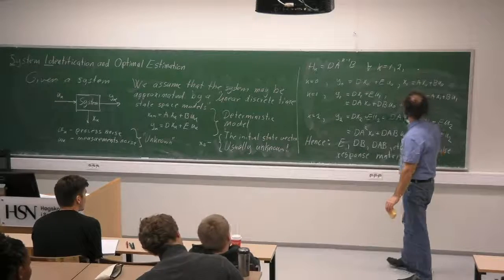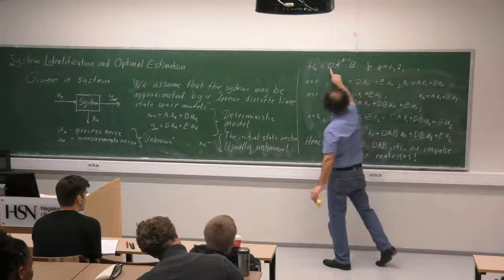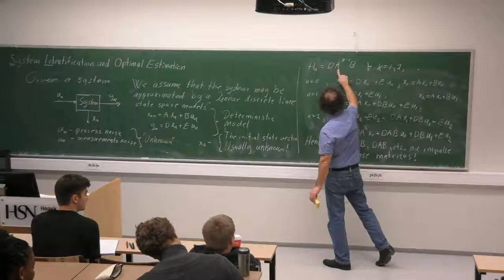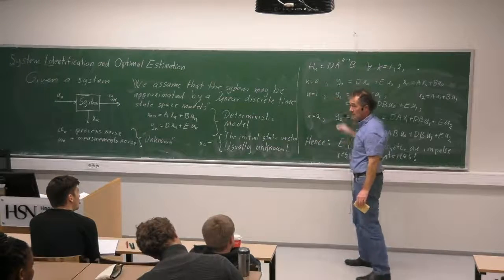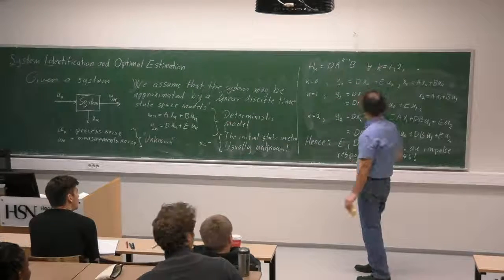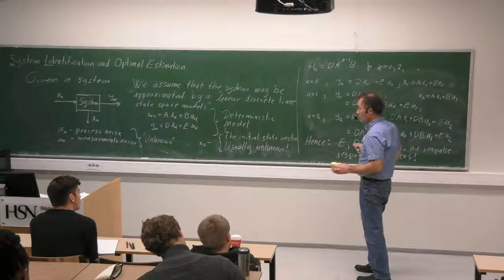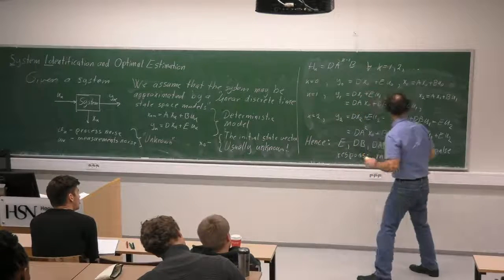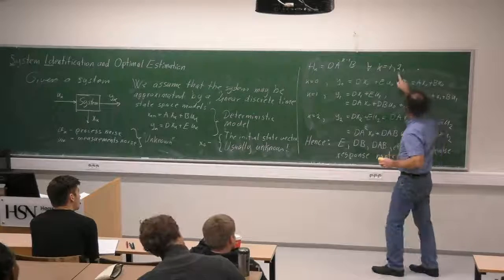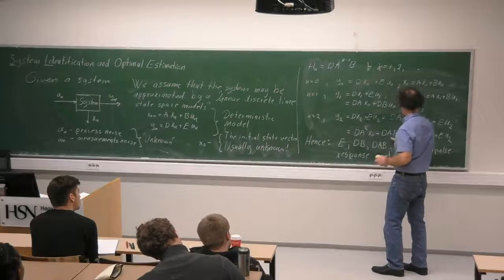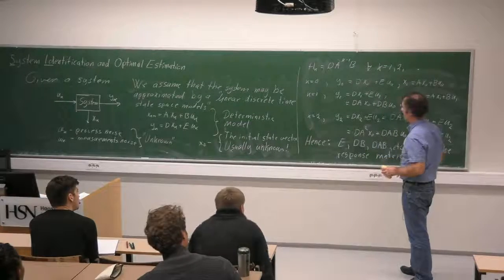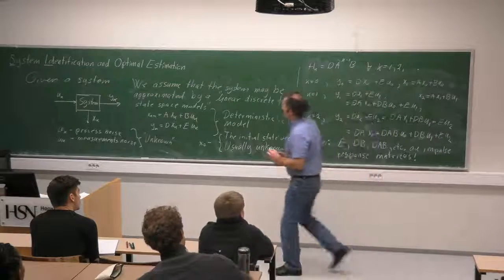So the impulse matrix with k equal to 1 is D times B, because A to the power 0 is the identity matrix. And with k equal to 2, we obtain D A B.